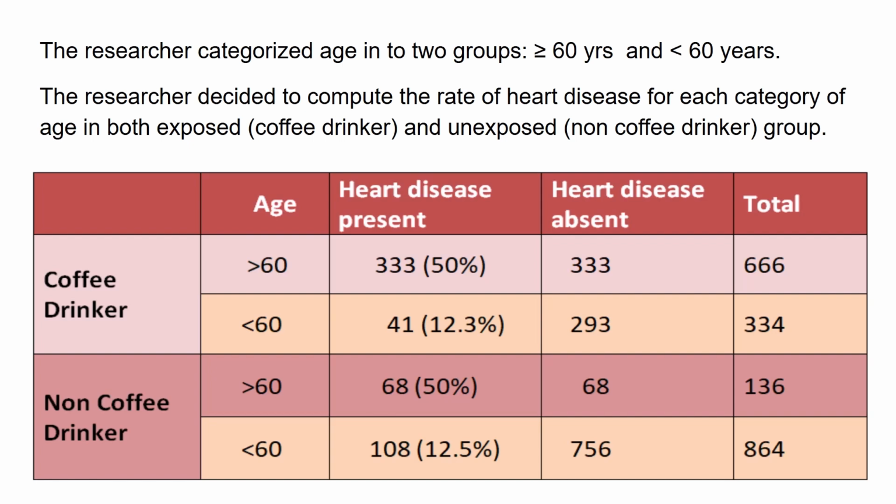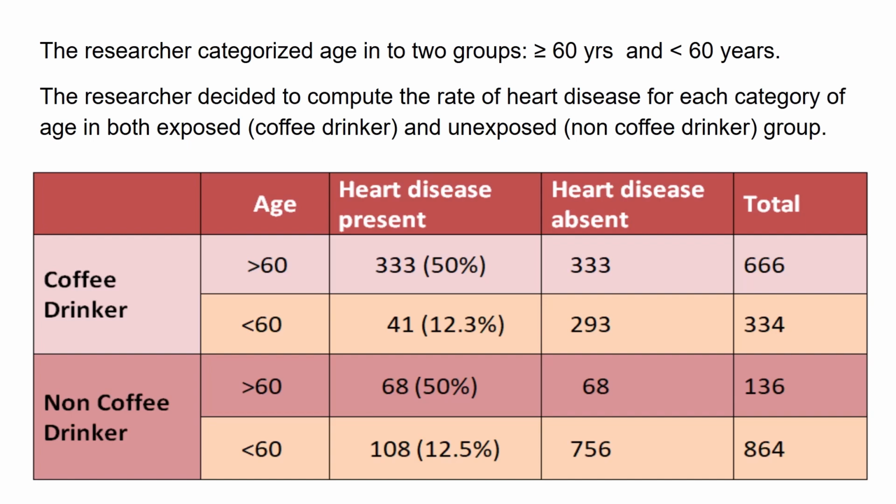The researcher categorized age into two groups, more than 60 years and less than 60 years. The researcher decided to compute the rate of heart disease for each category of age in both exposed, coffee drinkers, and unexposed, which are non-coffee drinker group.